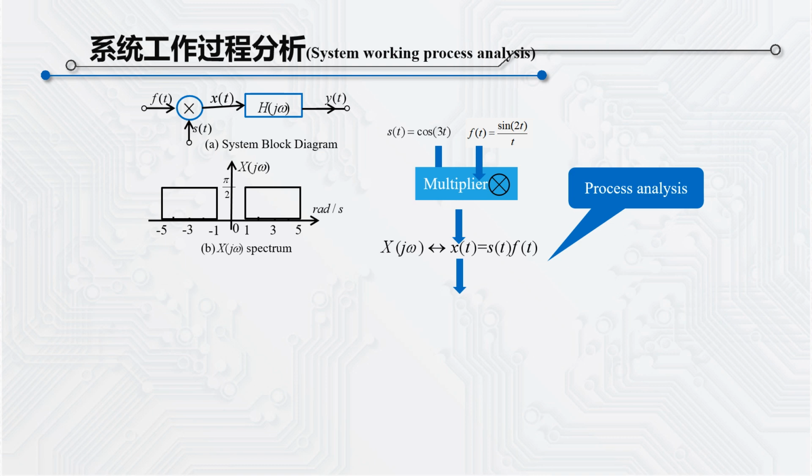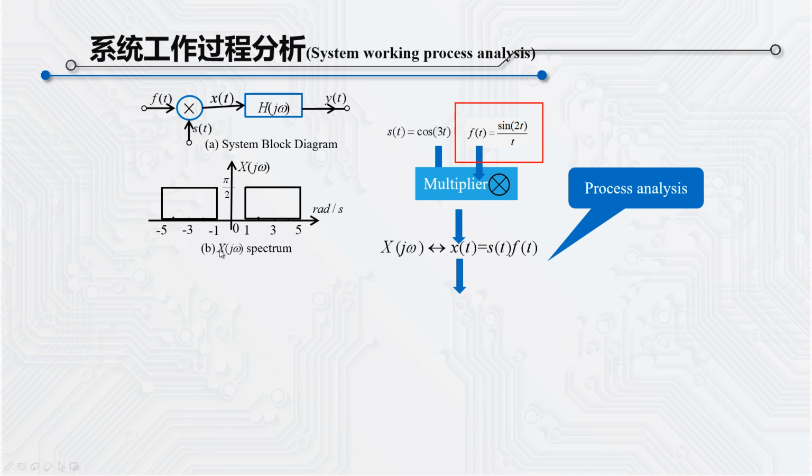Let's look at the two inputs of the multiplier. f(t) is equal to sine 2t over t. It can be expressed as 2 times sine 2t over 2t. Then f(t) is a sampling signal, and its spectrum must be a gate function. Through further solution, we can see that its spectrum is a gate function with a width of 4.